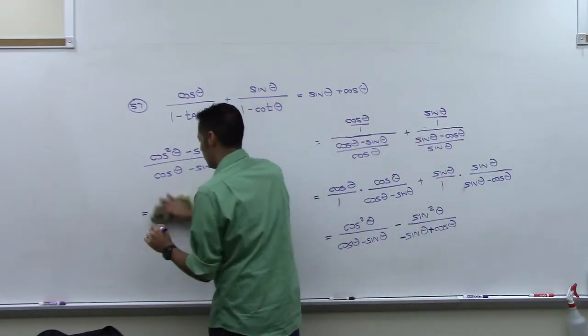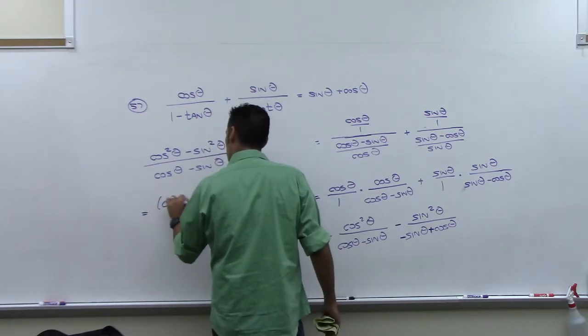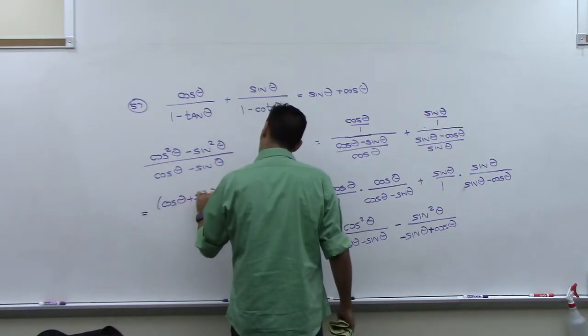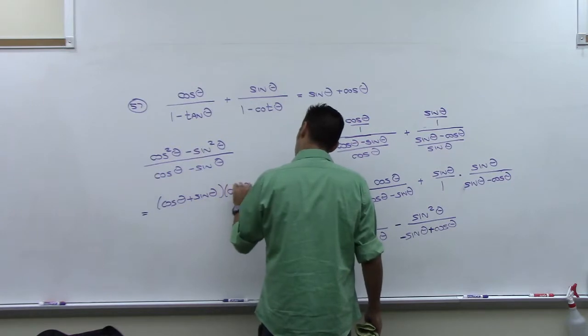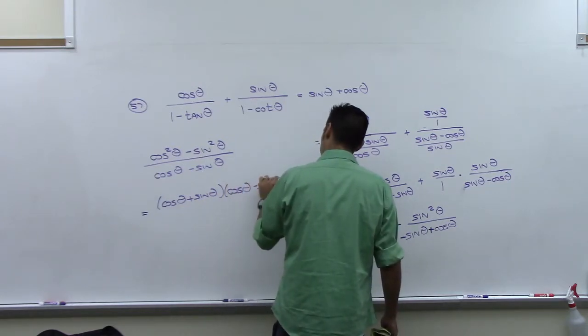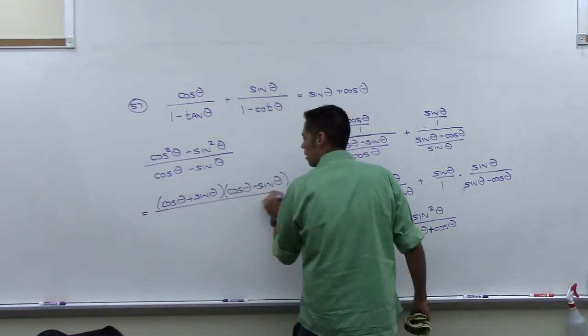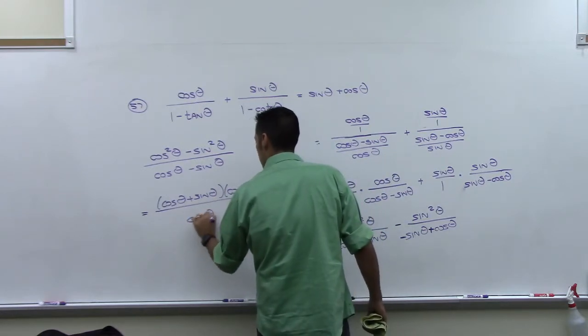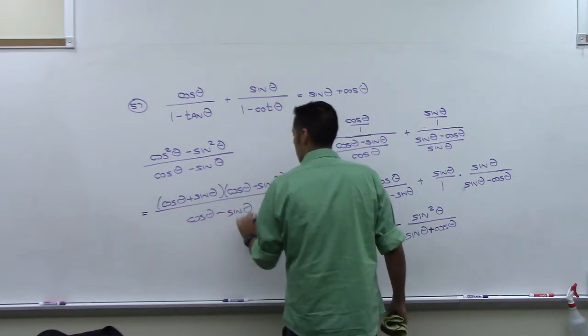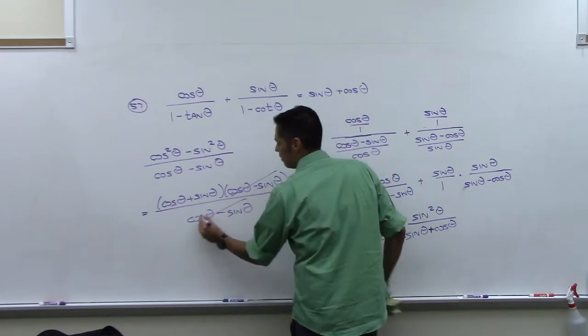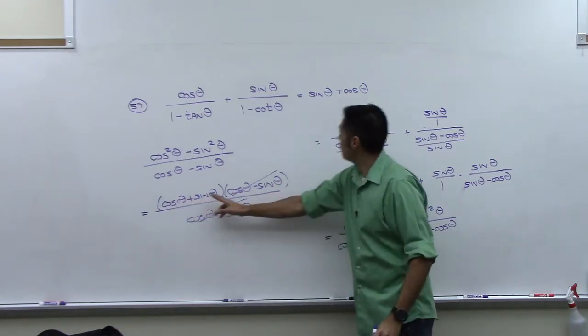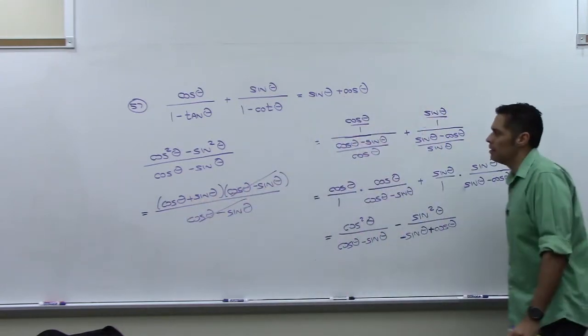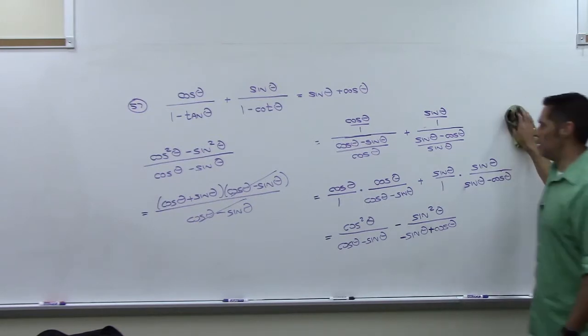You can rewrite the numerator as cosine theta plus sine theta times cosine theta minus sine theta. And that's all over cosine theta minus sine theta. And these two factors cancel. And all you're left with is cosine theta plus sine theta, which is this. Now that was a good one. I like that one.